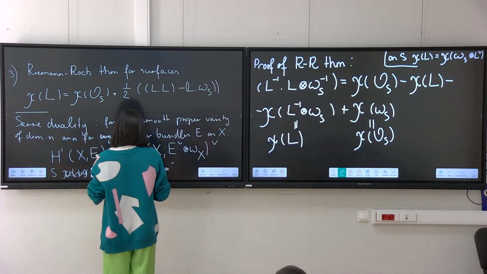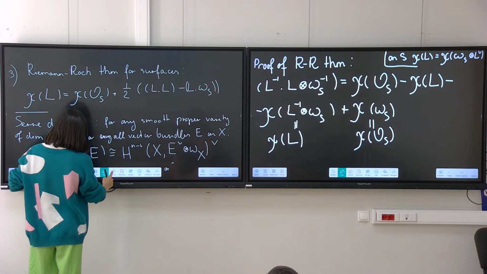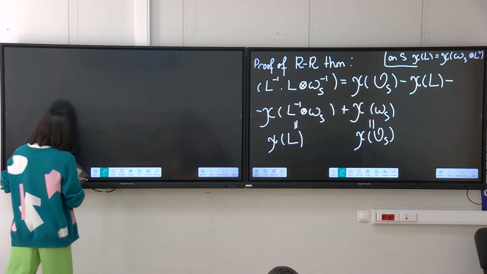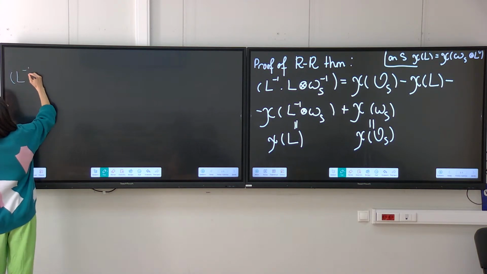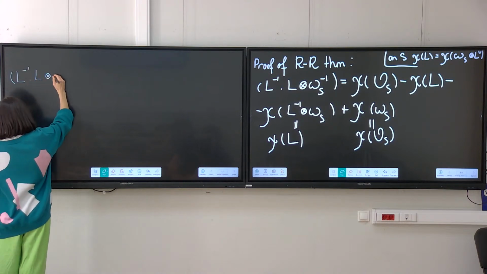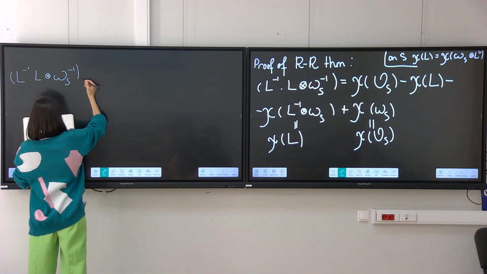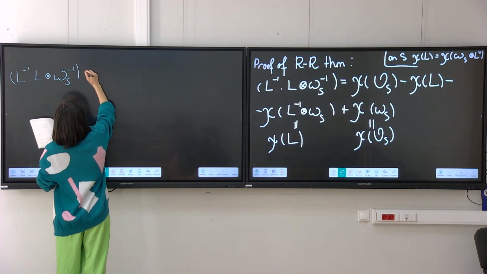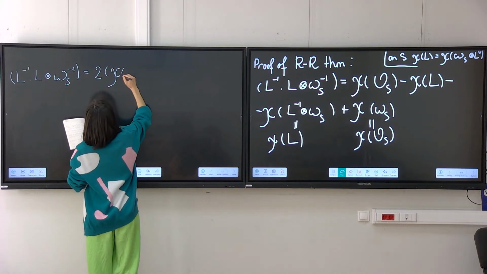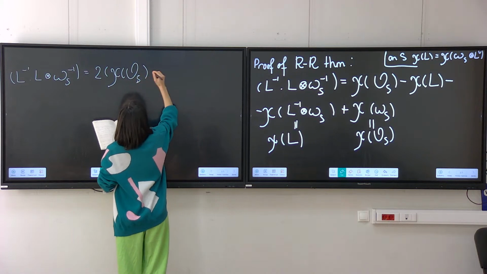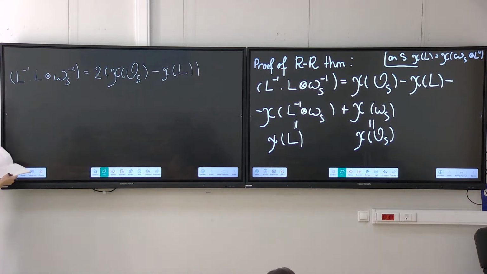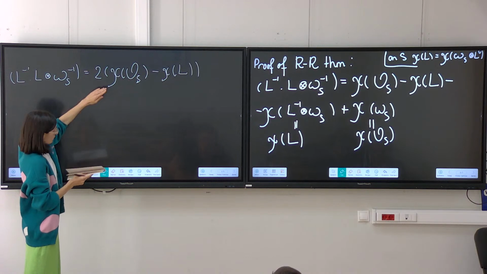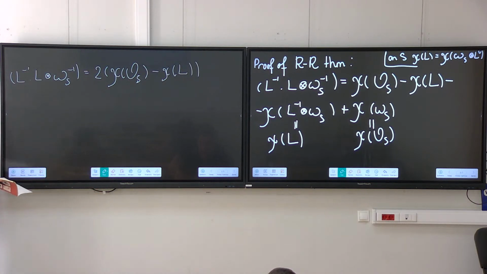So now what we get is that L minus 1, L on S minus 2 is equal just to 2 times chi of O_S minus chi of L. And we immediately obtain the statement of the Riemann-Roch theorem, because this form is bilinear.